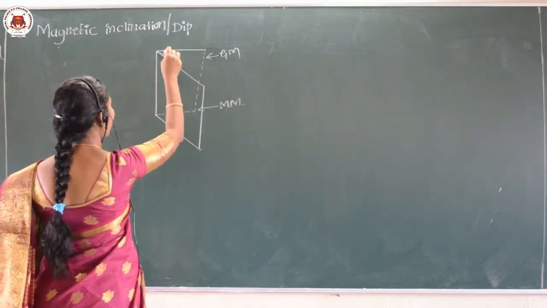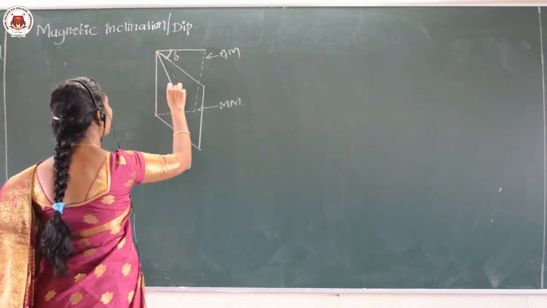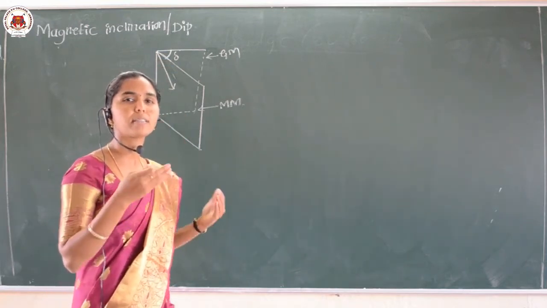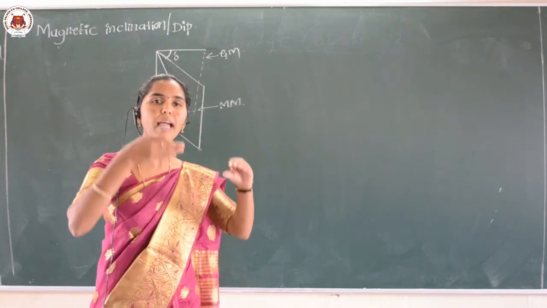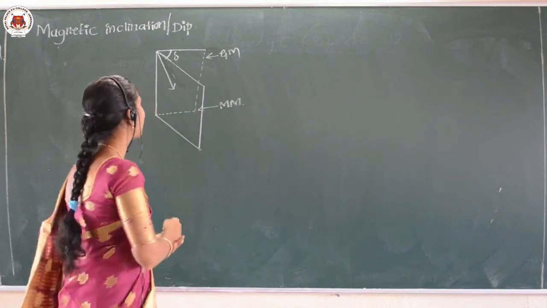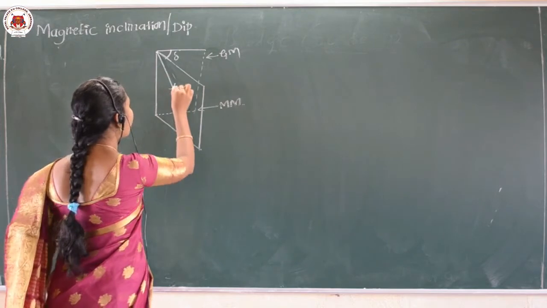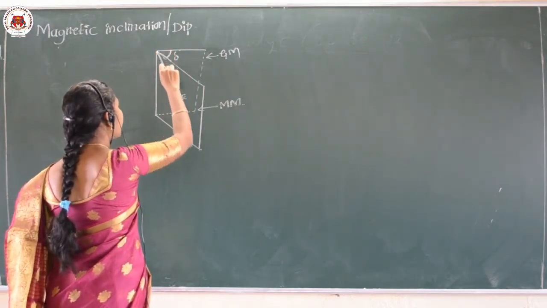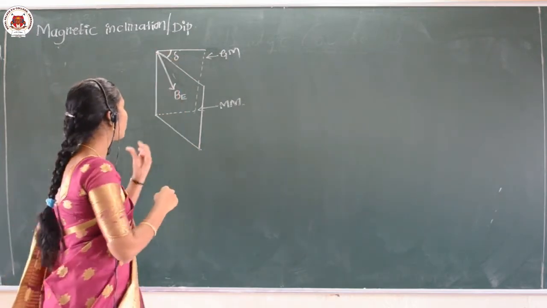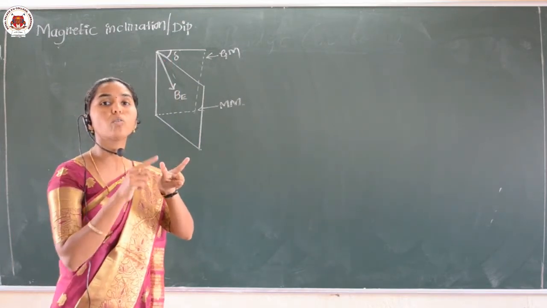Then here what happens actually, the total earth magnetic field does not act straight on the surface of the earth. The earth's total magnetic field makes a slope here. That is why our total magnetic earth field can be resolved into two components.